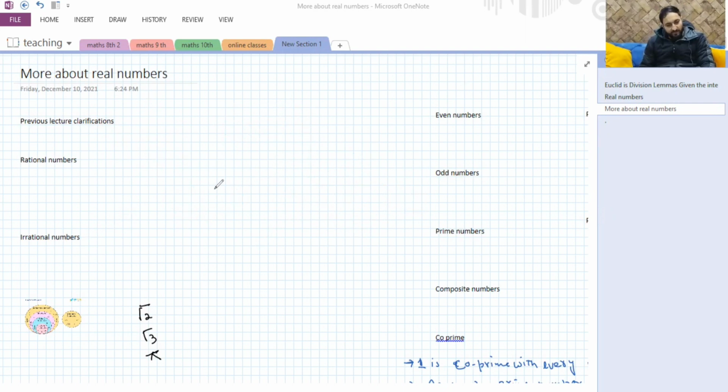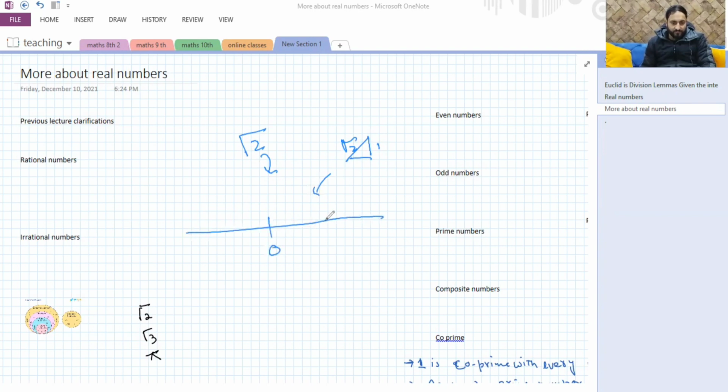Then we discussed some irrational numbers such as root 2. Can we represent root 2 on a number line? Yes, we can. Suppose we take a triangle of unit perpendicular and unit base, then use the Pythagoras theorem. It came out to be root 2.